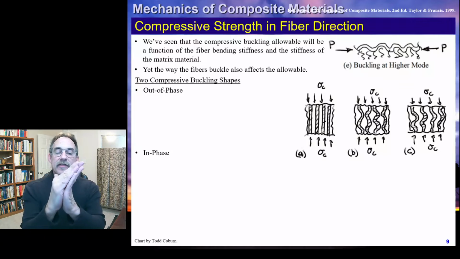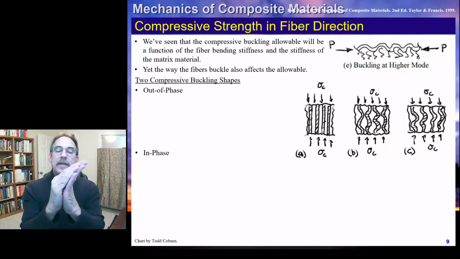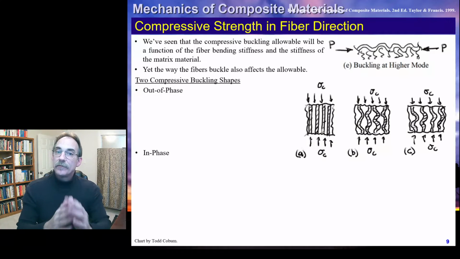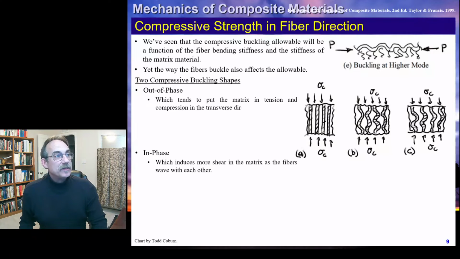You'll notice they're not really pulling apart, they're working in sync. But because they're working in sync like this, they're sliding on each other, so we're actually loading those in shear. That would be the shear mode. So out of phase tends to put the matrix in tension compression. In phase tends to load the matrix in shear. Therefore, this is called the extensional mode, and this is called the shear mode.